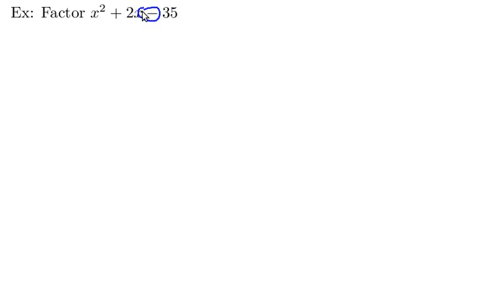Remember that again tells us something pretty important. That means we're going to have x plus something and x minus something, because the only way that we could have a negative here is that there's a positive number and a negative number that are being multiplied together.